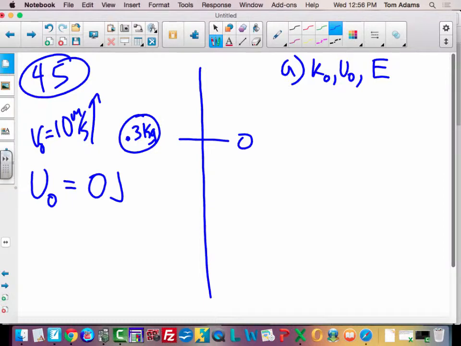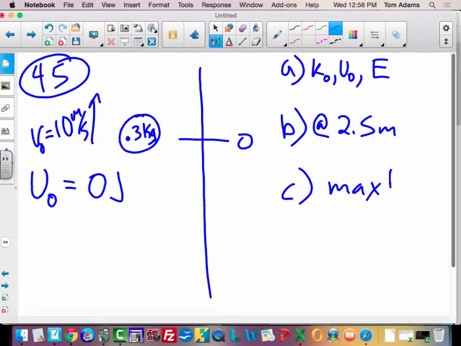And then for part B, I want you to do all that stuff at 2.5 meters. And then it's not really C, but it says at its max height. Okay? And we'll talk about how we do that in a second. So let's unpack that. First thing I want to do is figure out the initial kinetic energy.